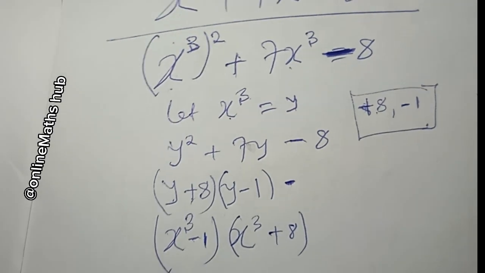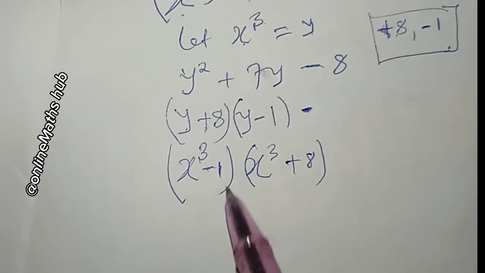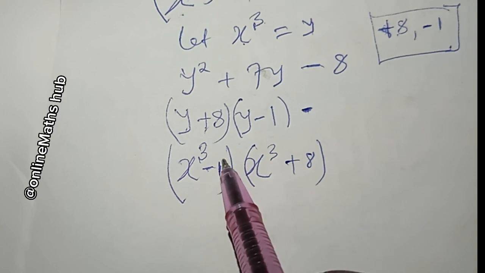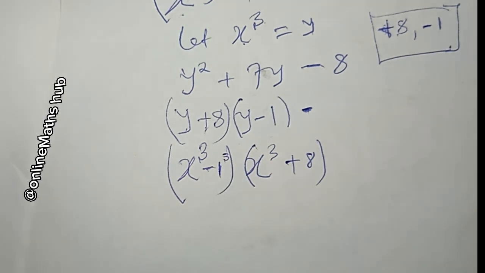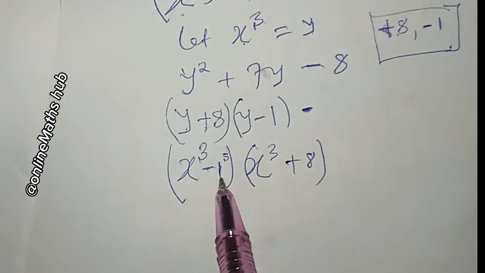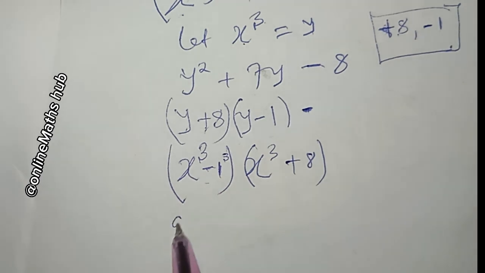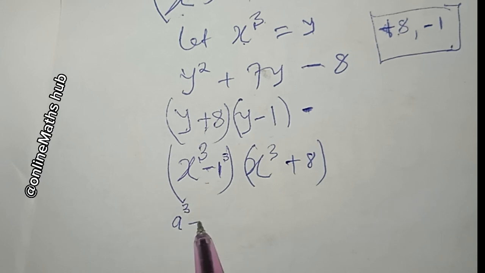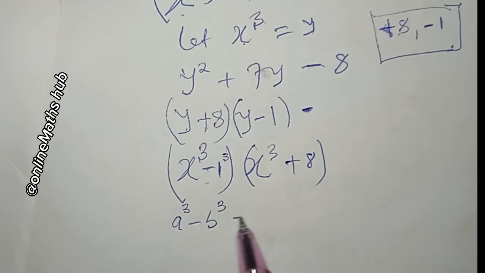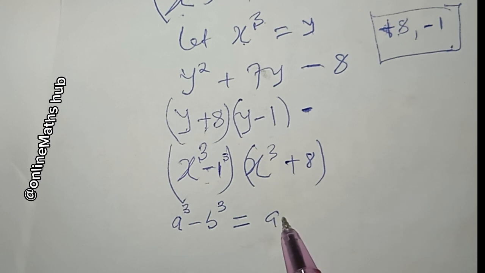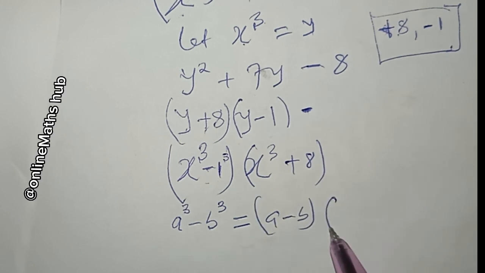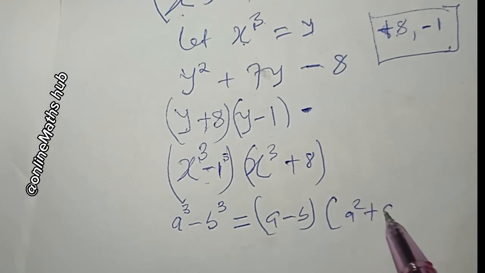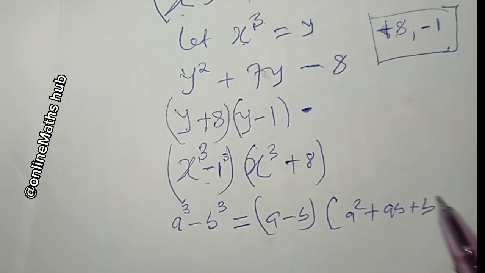Clearly you can see what I have here. This one can also be written as 1 power 3, so that I can now expand this. If you remember that expression, a power 3 minus b power 3, you can expand this to be a minus b, and then a squared plus ab plus b squared.